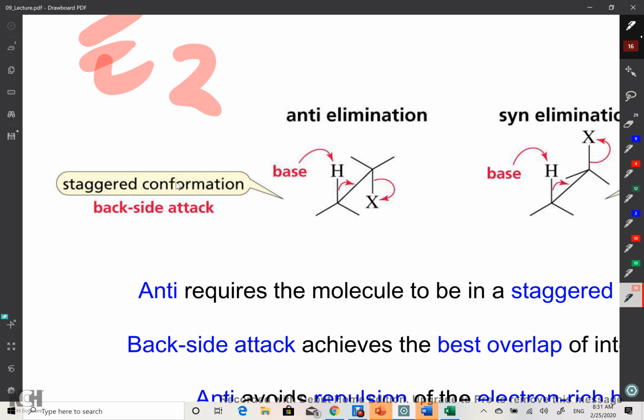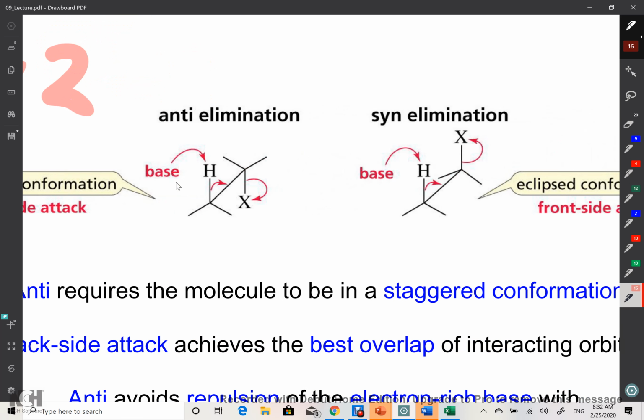And the reason is simply because the hydrogen on the beta carbon and the leaving group are 180 degrees away from each other. Okay? And so that's a perfect orientation for elimination to take place. Compared to a syn elimination, okay?